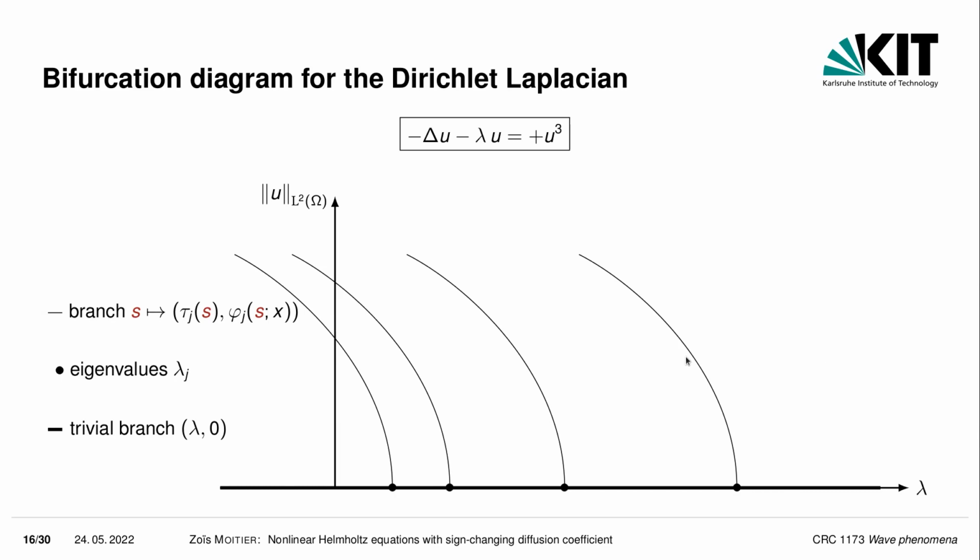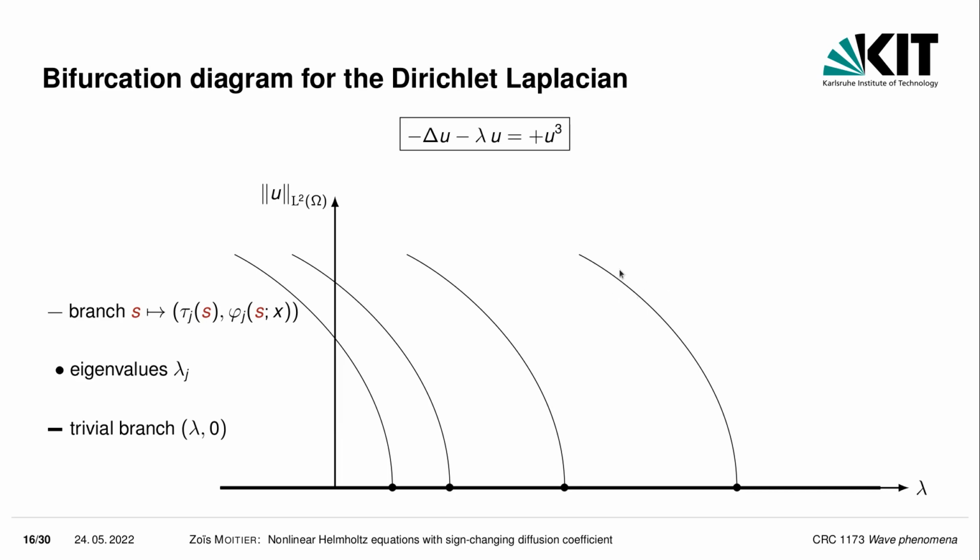Let me rephrase that a little bit, because here we do a projection. And so actually we can hide some information. So for example, in this equation, if (lambda, u) is a solution, (lambda, minus u) is also a solution. So technically along this curve, you have two solutions, one corresponding to plus u and one to minus u.